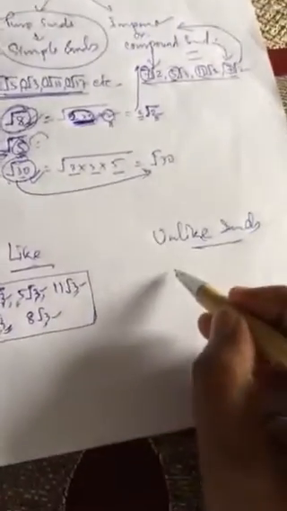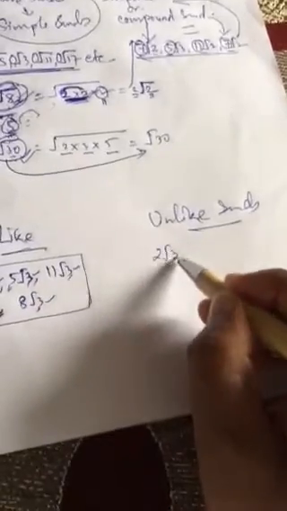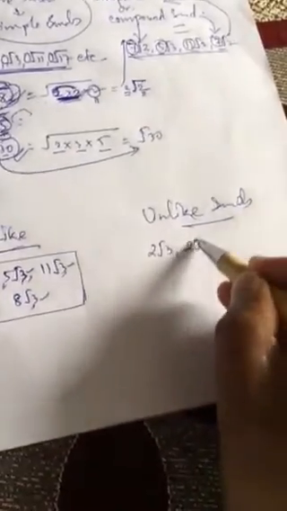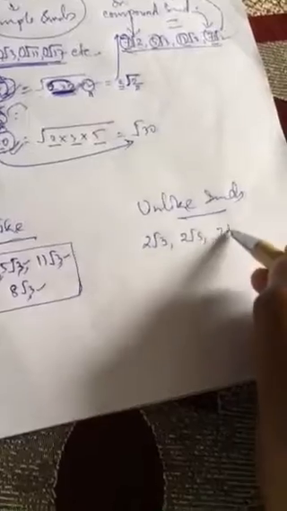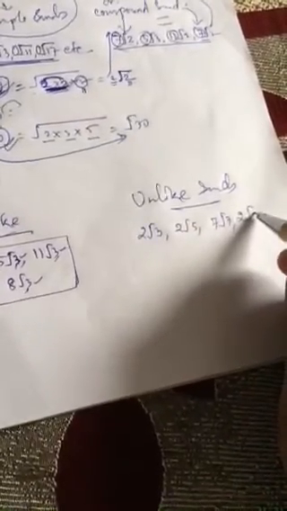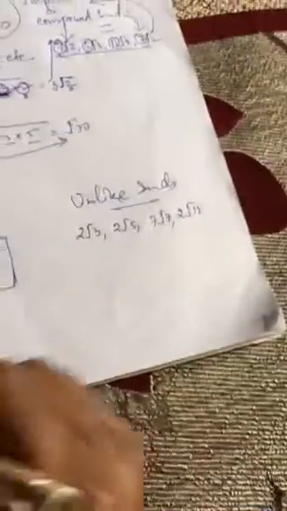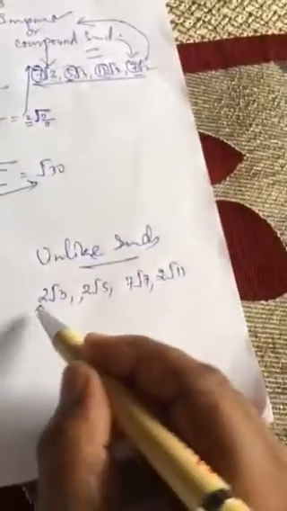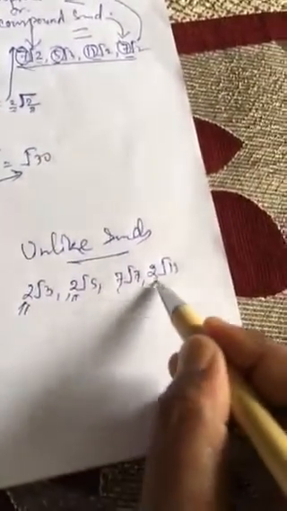Unlike surds means, like you see 2 root 3, 2 root 5, 7 root 7, 2 root 11. The coefficient may be the same.